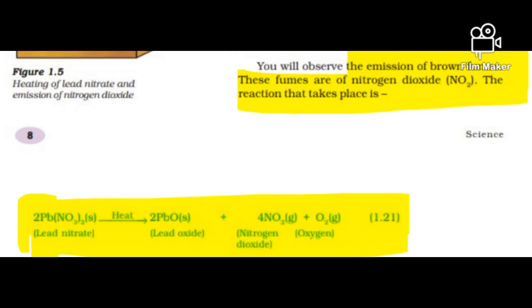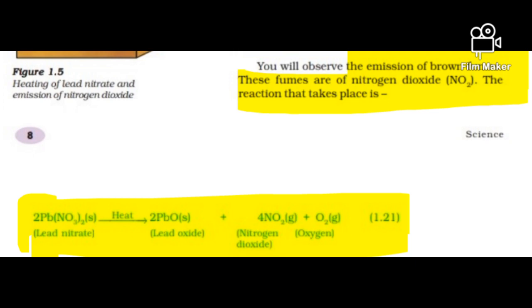Further, there is another equation given wherein the lead nitrate is broken down and brown fumes of nitrogen dioxide are observed. Whatever you are reading in your textbook, please read it carefully. What is being given, the color, the products and the reactants, exactly how they are given.